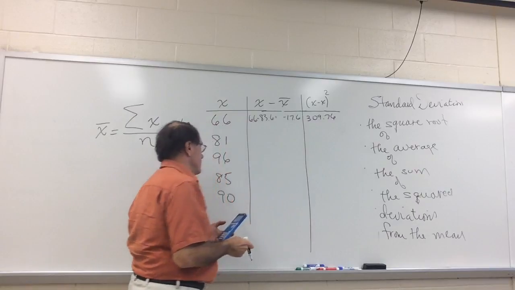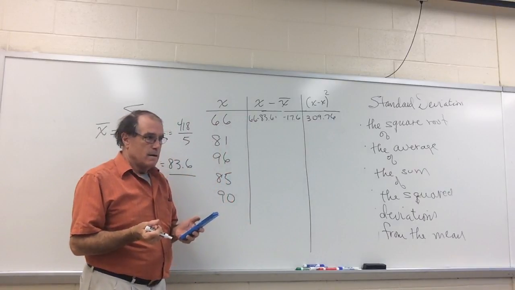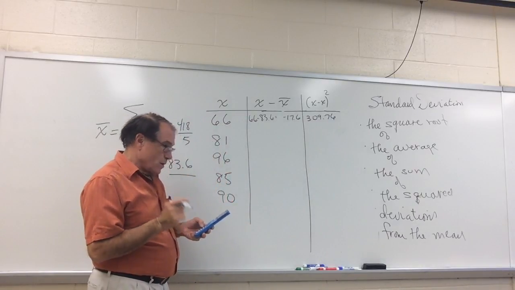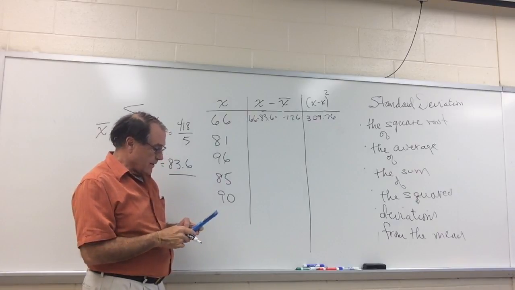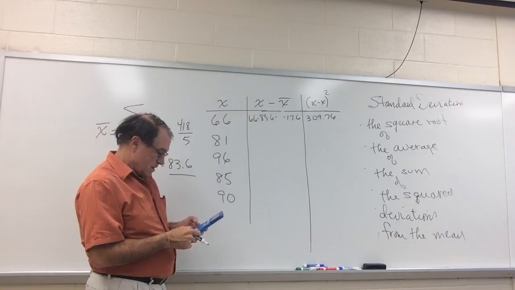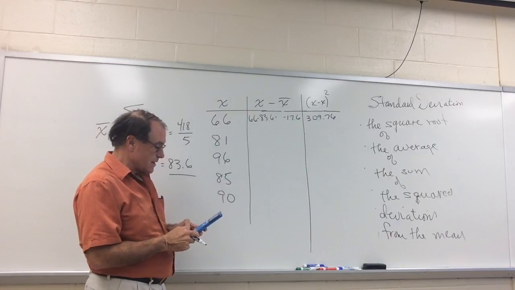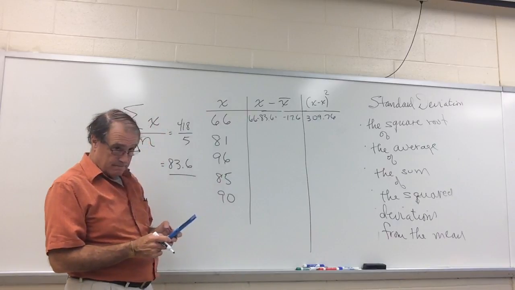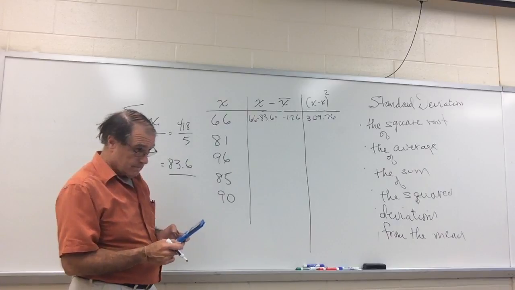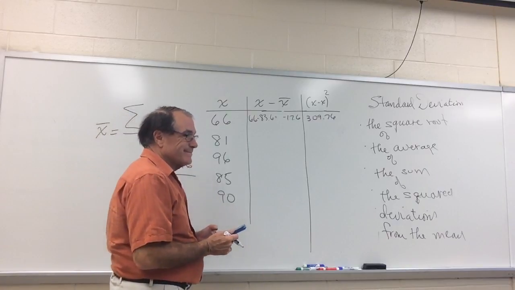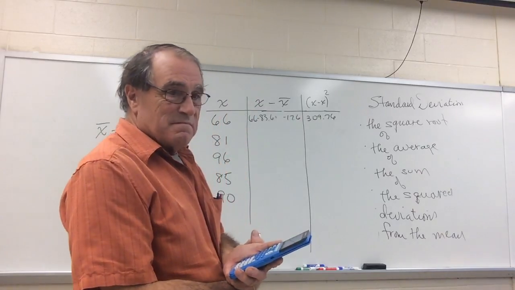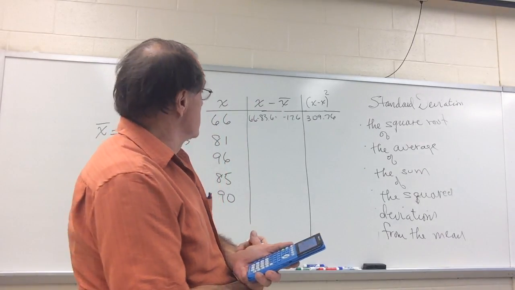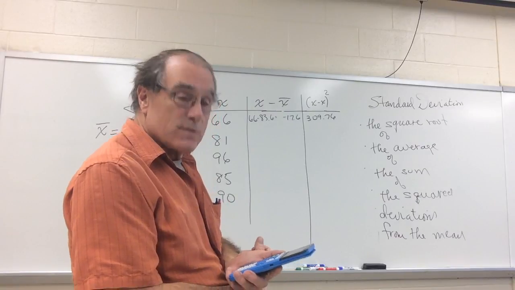Now what do we do? We do that with every single one. So we take 81, subtract 83.6. I'm just rewriting the table the way you wrote it. And then the third column is the square of that number.